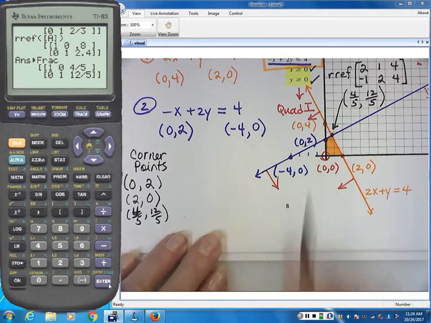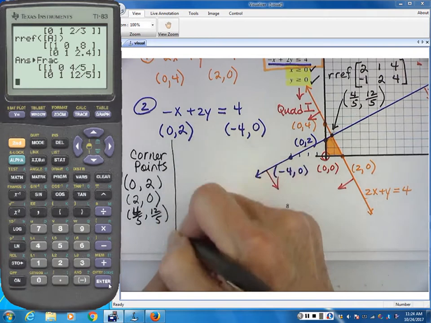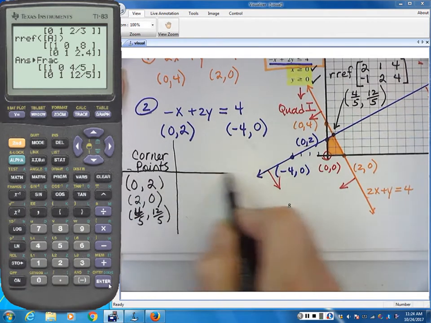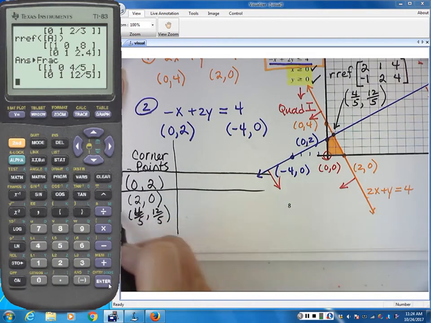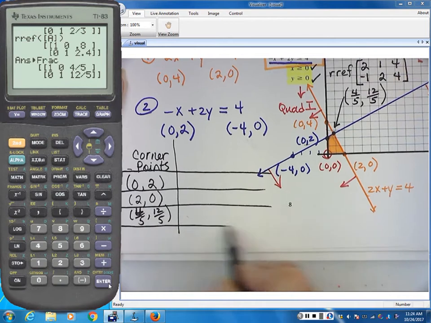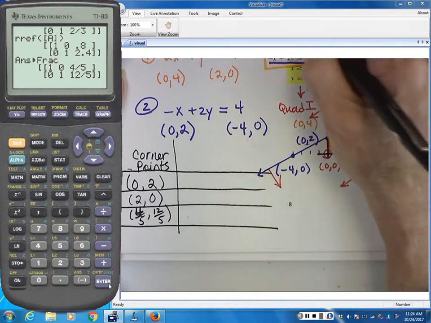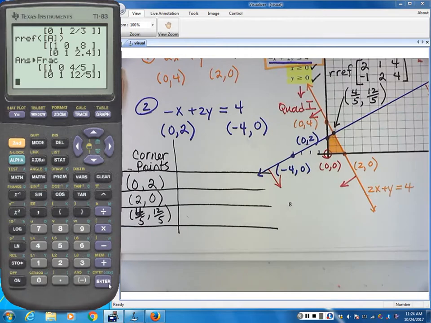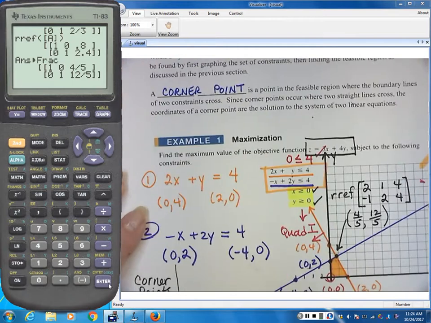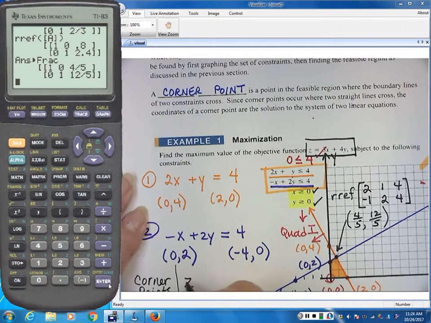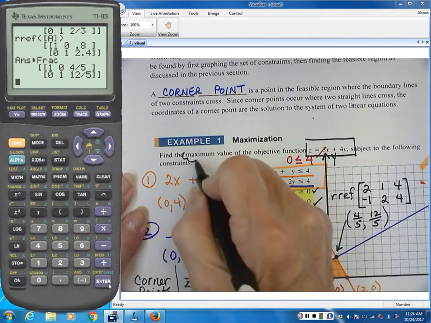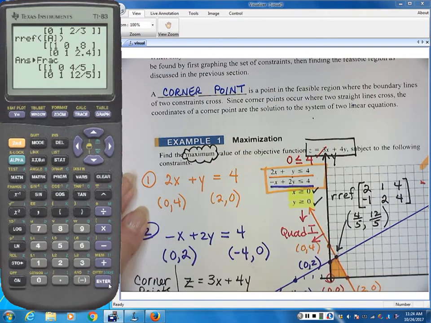Now what we do with those corner points is we're going to take each one separately and plug it into the objective function up here. The objective function is z equals 3x plus 4y, and we want to find its maximum possible value.